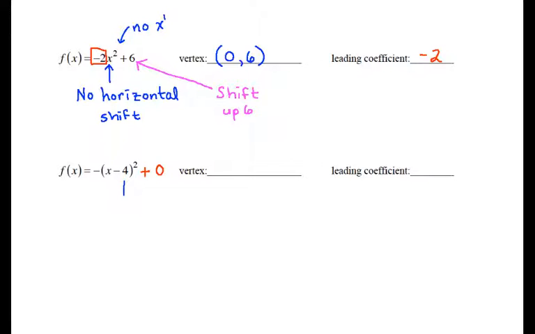We do have a horizontal shift because the horizontal shifts are the numbers that are added and subtracted directly to the x variable before squaring. So this is a shift right 4. And we don't have a vertical shift.